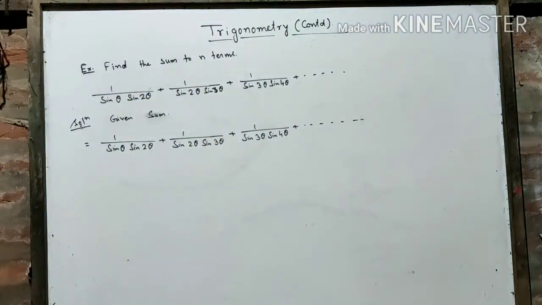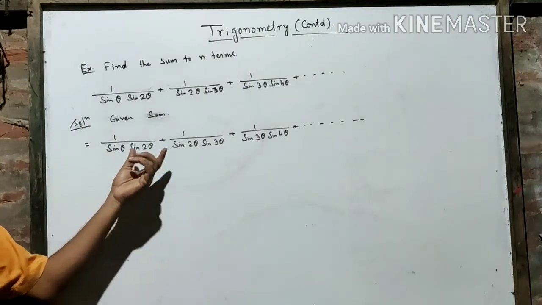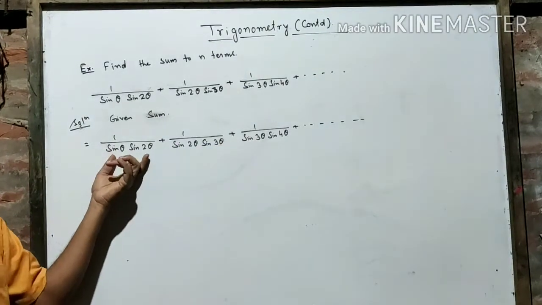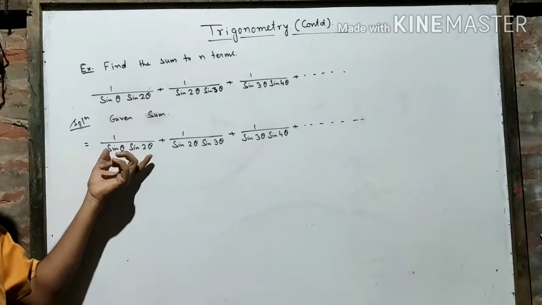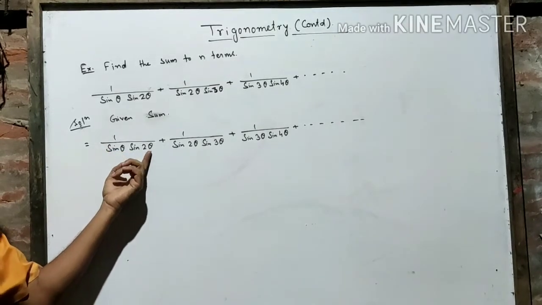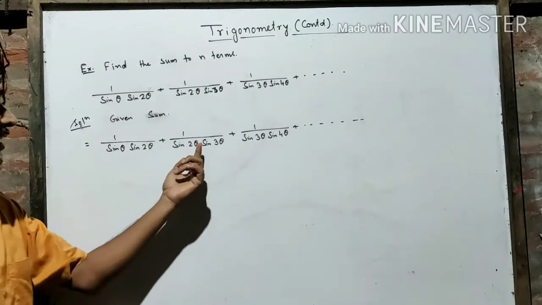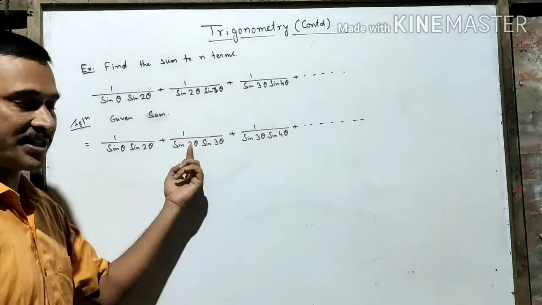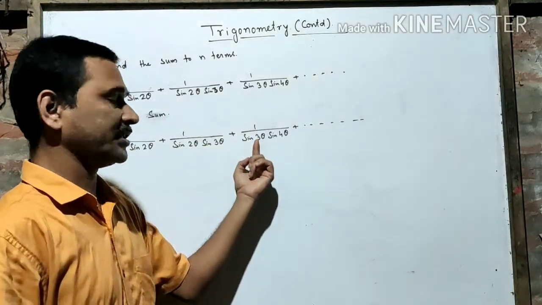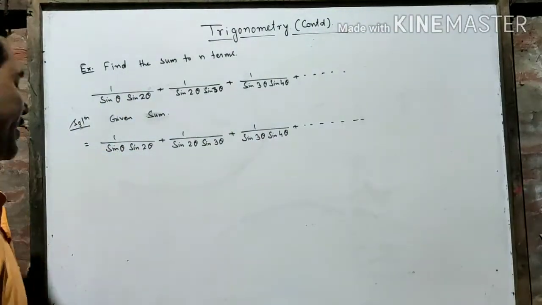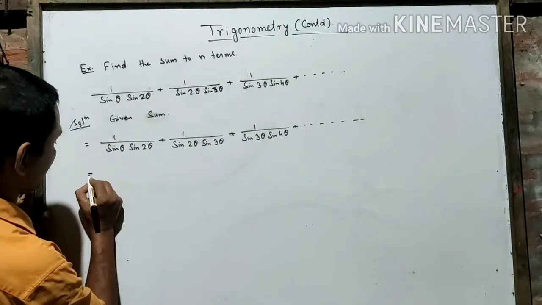Here you observe one thing, the angles in the denominator in each term have the difference theta. In the first term, 2 theta and theta, their difference is theta. Second term, 3 theta and 2 theta, their difference is theta. Third term, 4 theta and 3 theta, difference is theta. We will catch it from here.